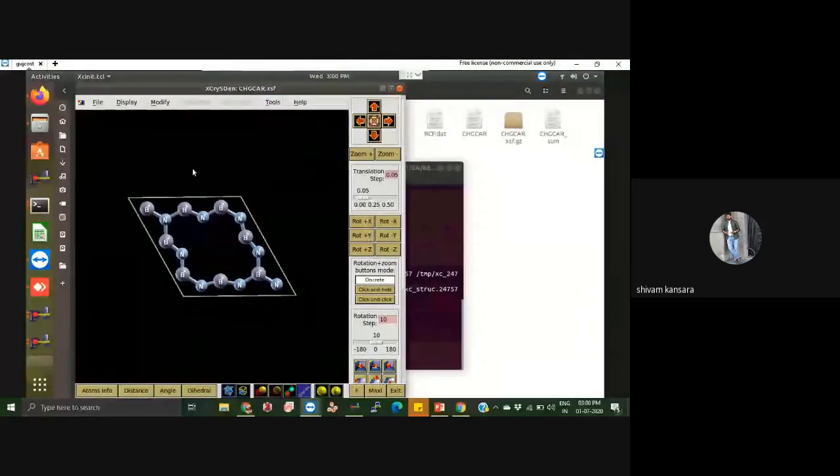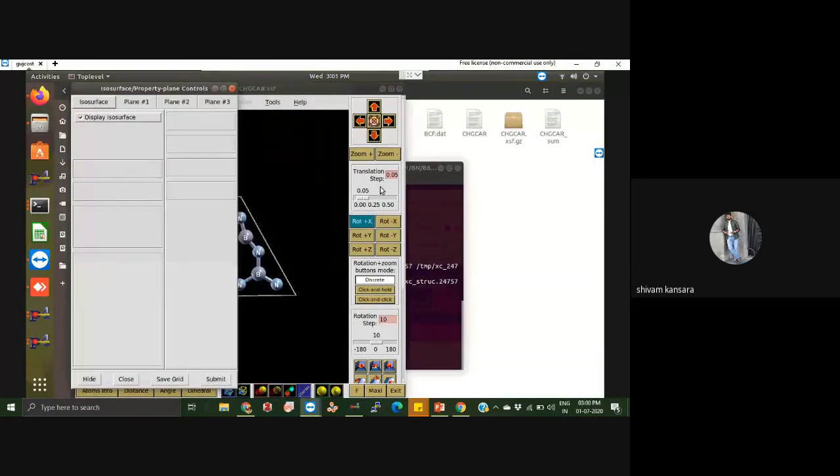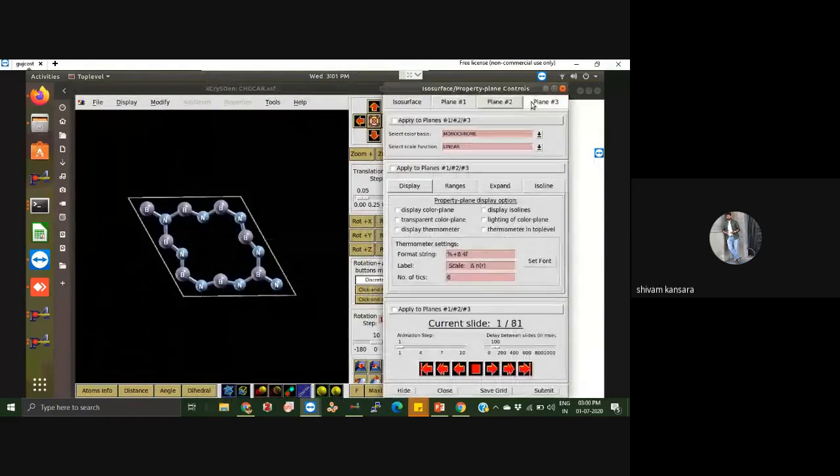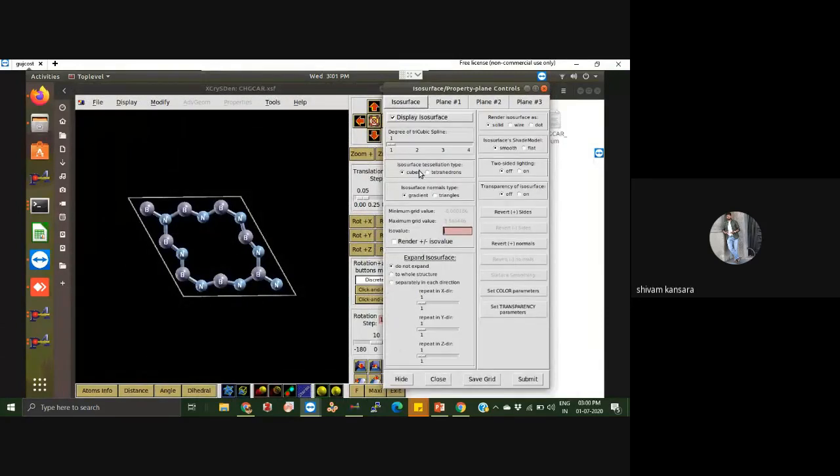So how to make the density? Go to data grid and press OK. There are a total of 4 tabs: plane 1, 2, 3, like X, Y, Z, and ISO surface. We don't need the ISO surface, so untick display ISO surface and render ISO value.